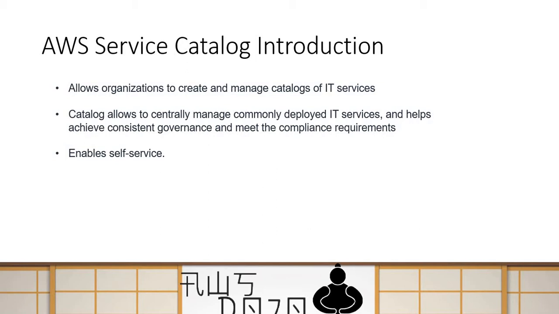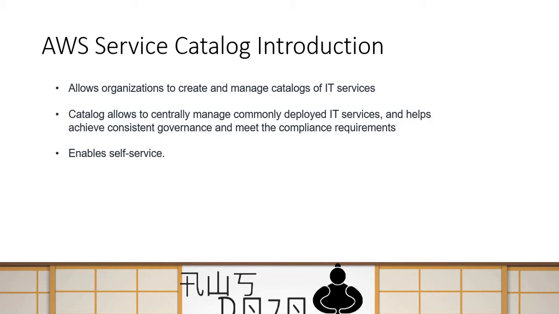And what you can do with AWS Service Catalog is create a self-service repository in such a way that when the end users create resources, the resources are created with the standards you define.